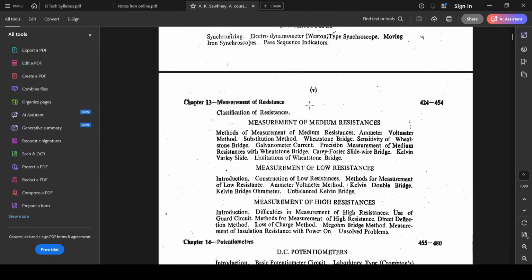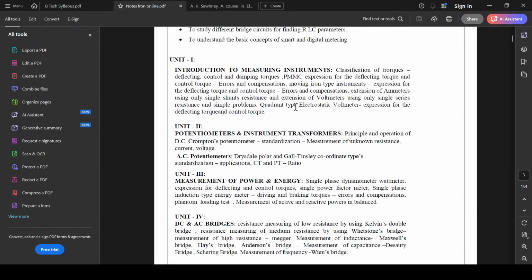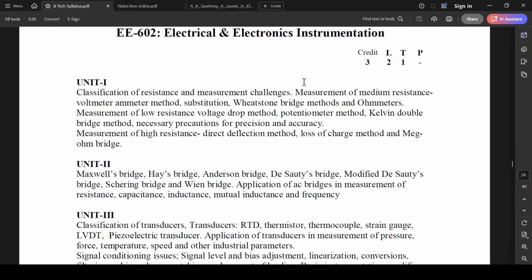This is from 434 to 454. The medium resistance is given as ammeter voltmeter method first, substitution second, Wheatstone third, and galvanometer fourth. In the syllabus, we have voltmeter 1, 2, 3, and ohmmeters 4.